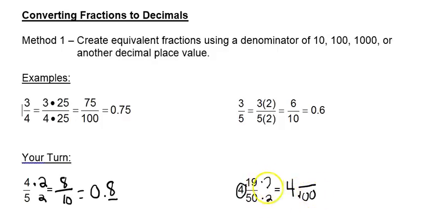And I need to multiply the numerator by the exact same number so that I have equivalent fractions. 19 times 2 is 38. So right now, this is the mixed number 4 and 38/100ths. So as a decimal, I'd put my 4 as my whole number, and 38, the 8 is in that 100th place value. So how did you do? Hopefully you did well on that. If you got them wrong or you still don't understand, please make sure you come with those questions tomorrow.